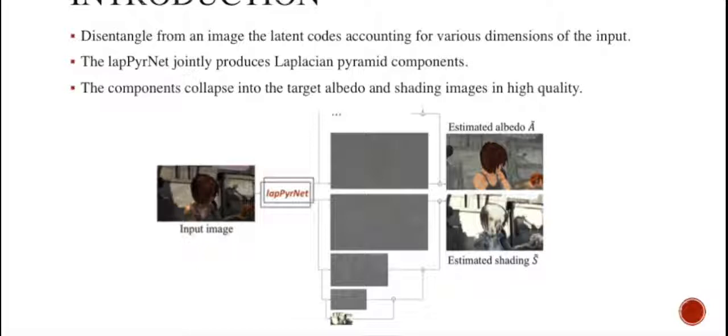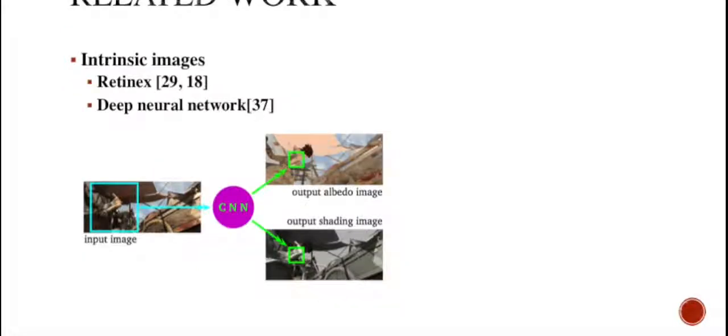The network features a multi-channel architecture, and it treats intrinsic image decomposition as image-to-image transformation in separate frequency bands in the scale space. A series of solutions have been seen since Barrow and Tenenbaum first proposed this problem, for example, the Retinex method. With the advent of deep neural networks, the solution to this problem has shifted to pure data-driven, end-to-end training with various forms of feed-forward convolutional neural networks.